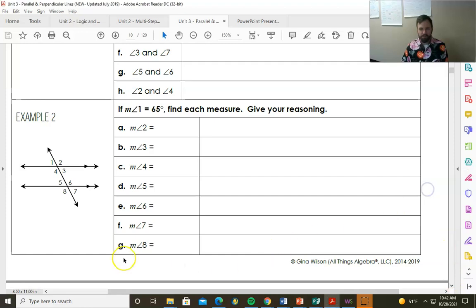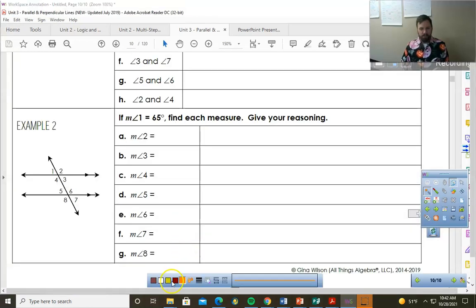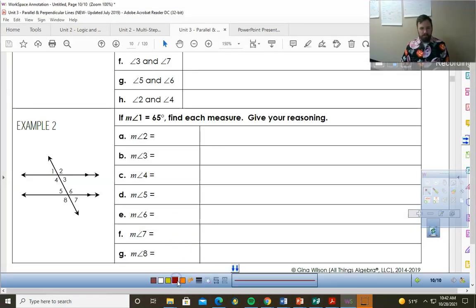Let's do this beast. So now we're going to find the angle measures. Angle 1 is 65. Right away, if angle 1 is 65, then angle 3 is 65 because they're vertical.